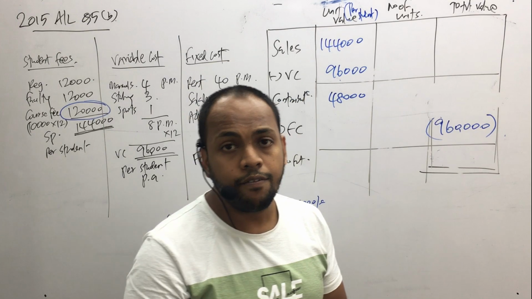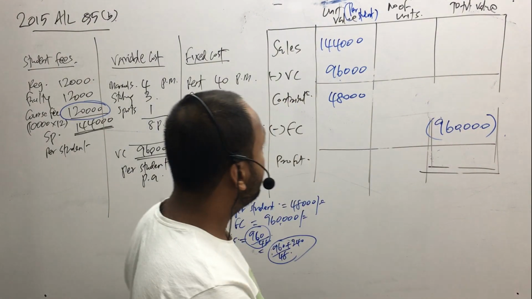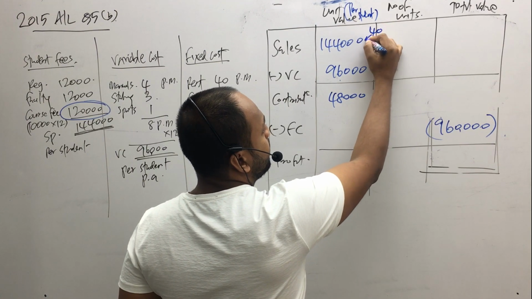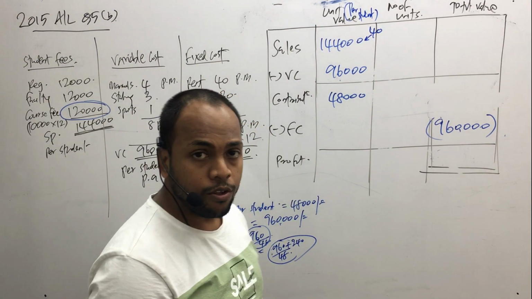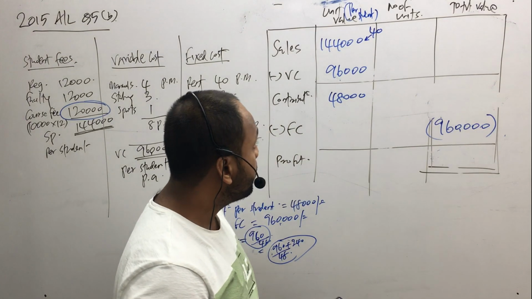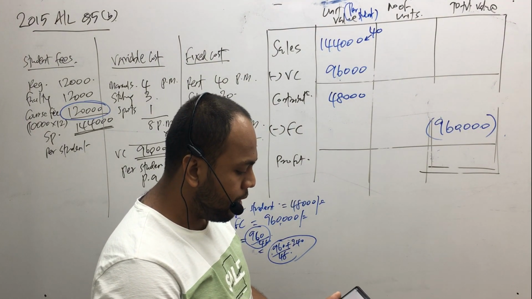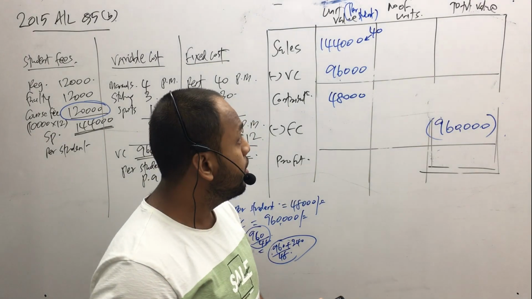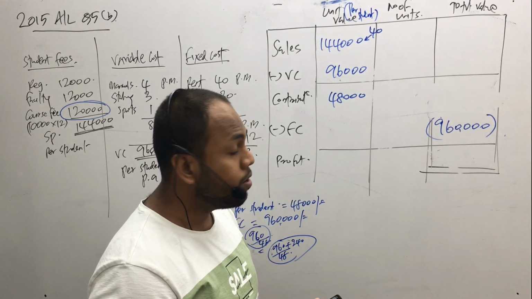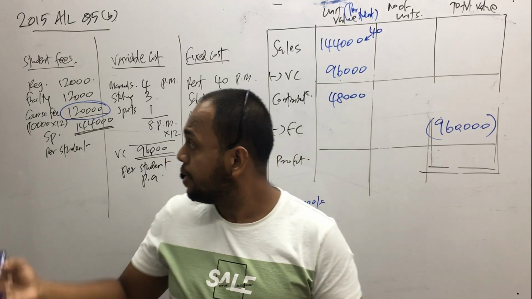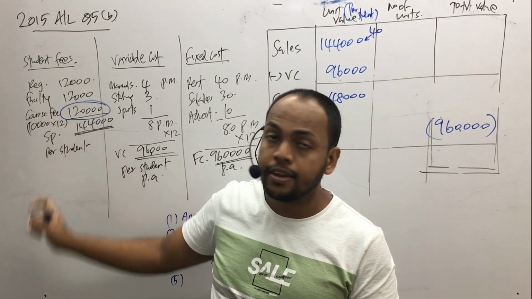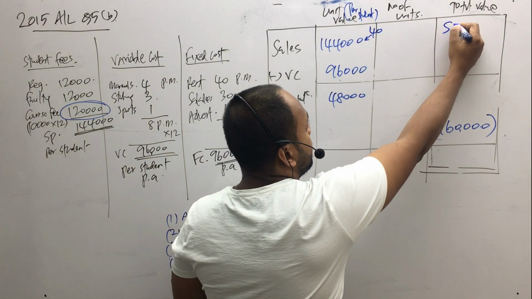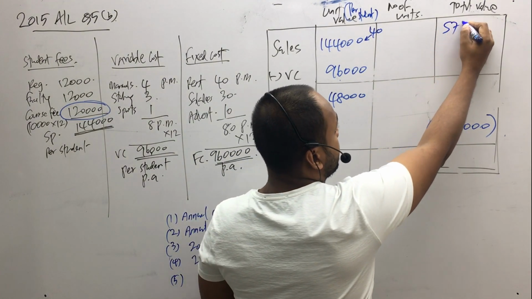So we have 50 students. Right? So out of these 50 students, 40 students will pay 144,000, which is the total course fee. Total fee including registration, facility and course fee, which comes 5,760,000.